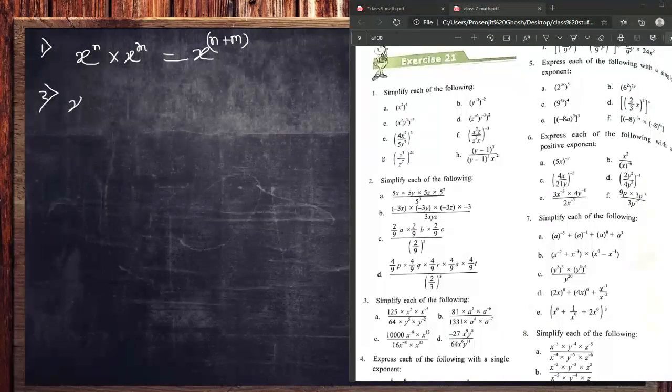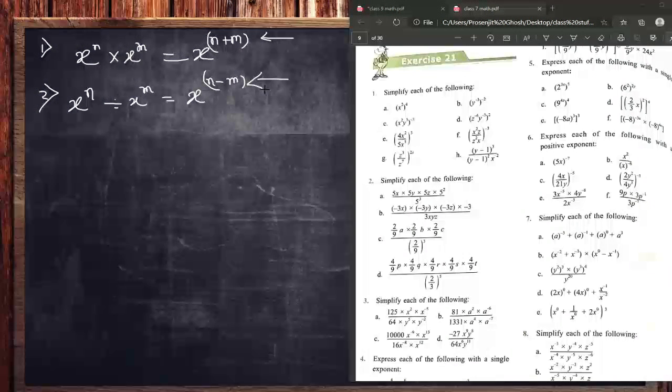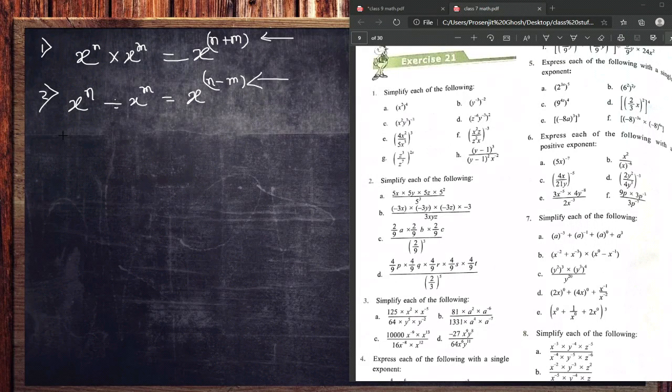Number two: x to the power n divided by x to the power m, then we can write x to the power n minus m. See, multiplication means addition in the power and division means subtraction in the power. So remember that. There are many other proofs too and I will show you one by one.